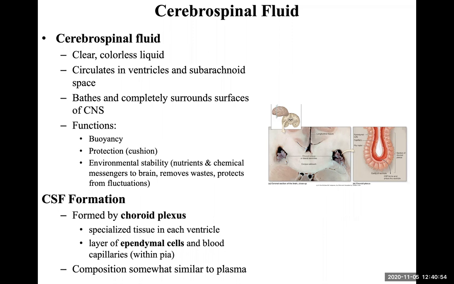All of those types of processes occur better because that tissue is immersed in cerebrospinal fluid. So it's very important when it comes to maintaining homeostasis of the central nervous system. Again, cerebrospinal fluid is formed by the choroid plexus, which is the association of ependymal cells with blood capillaries, and the vast majority of cerebrospinal fluid, as I mentioned, is made in the lateral ventricles.